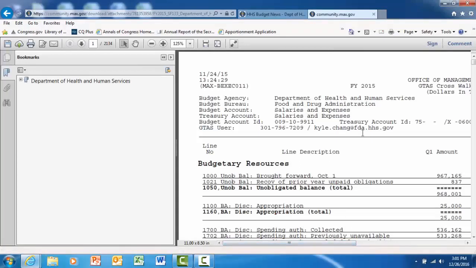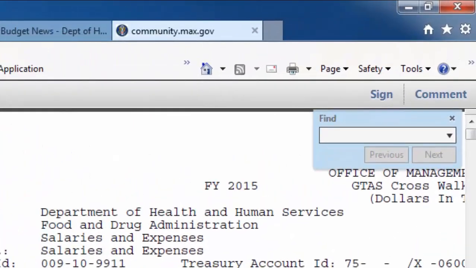Now that we're in the 2015 set of SF133s for the Department of Health and Human Services, an easy way to do the search would be to do Control F and bring up a find screen.